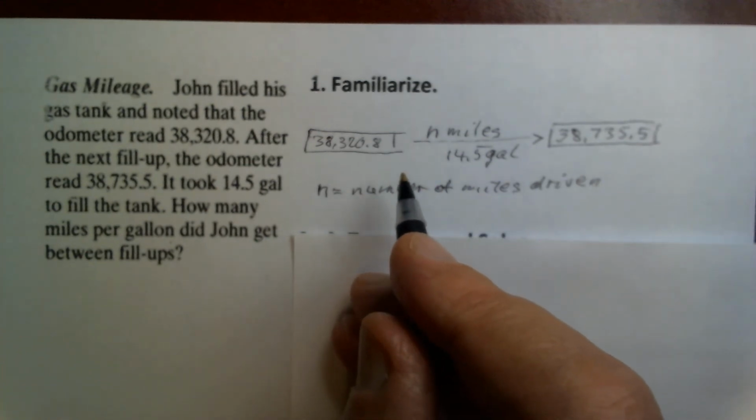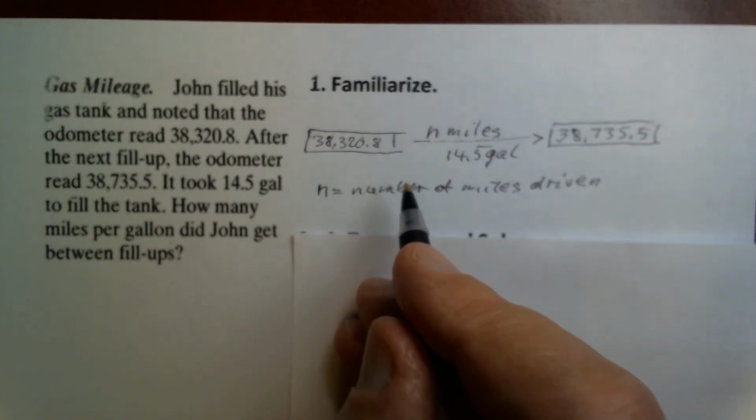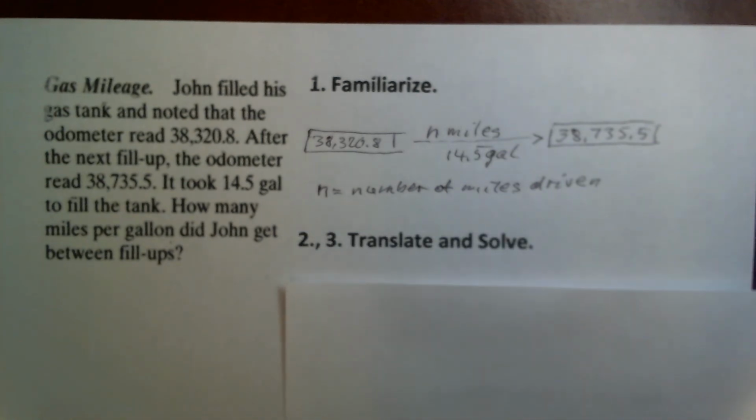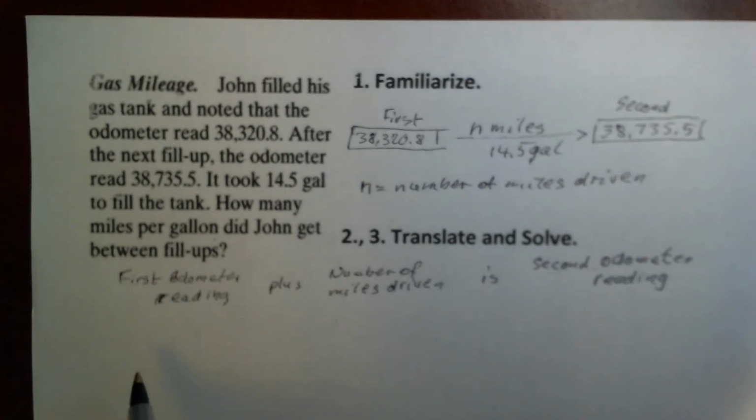And once we know that, then we can divide by the number of gallons to get the miles per gallon. So it's a two-step process. So in other words, the first odometer reading plus the number of miles driven is equal to the second odometer reading.